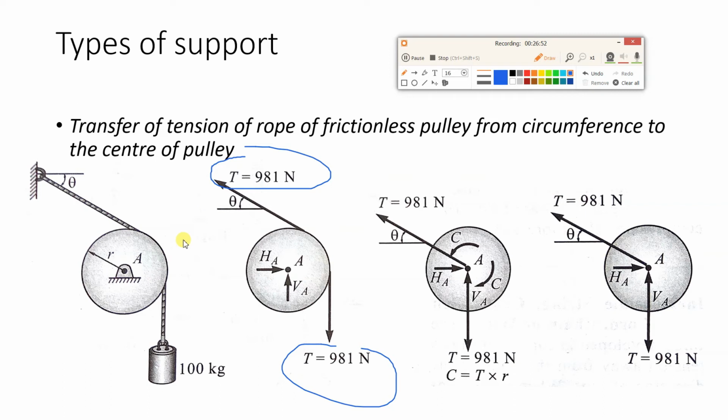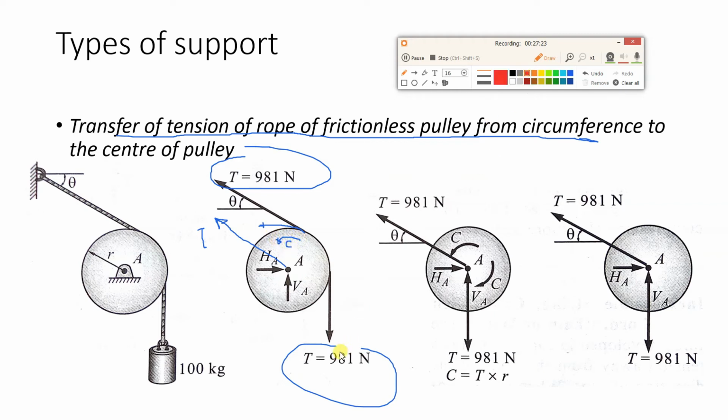Next, what is asked here is to transfer the tension of the rope of the frictionless pulley from the circumference to the center of the pulley. So how to do this? For this tension part, we will draw a parallel over here. Directly we can take the tension over here. Keep your thumb over here at point A, keep your index finger over here, and rotate in the direction of the tension. So it is anti-clockwise. So here we will have an anti-clockwise couple.